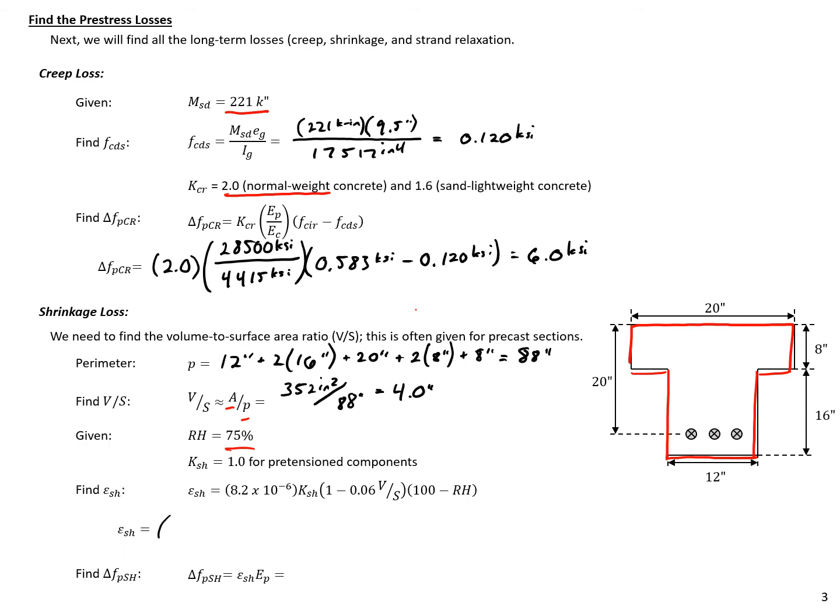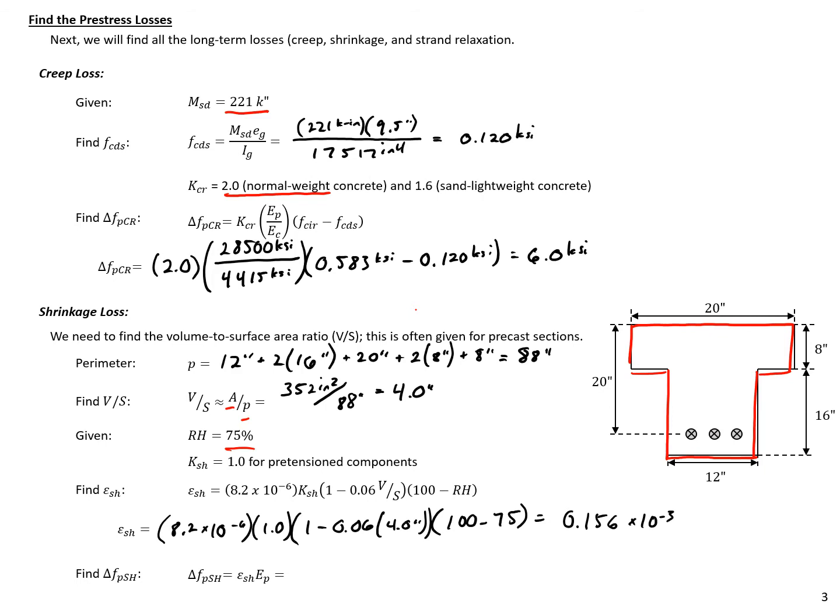So our shrinkage strain is going to be 8.2 times 10 to the negative 6 times 1.0, our K_sh for pre-tensioned components, times 1 minus 0.06 times 4 inches, times 100 minus 75 will give us a shrinkage strain here of 0.156 times 10 to the negative third.